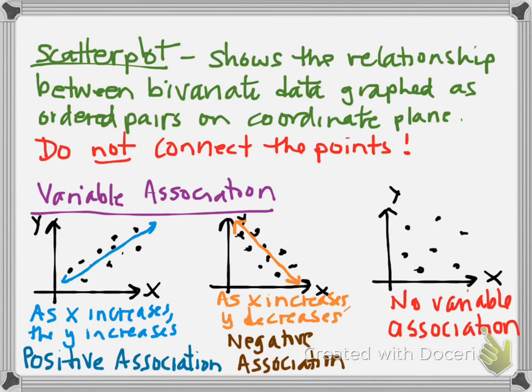Now there's a second type of association, and that's called a linear association. So it's looking at how much like a line your findings are. Like the one we did with Celsius and Fahrenheit, it was exactly a line because there was a constant change. So we're going to talk about linear association.